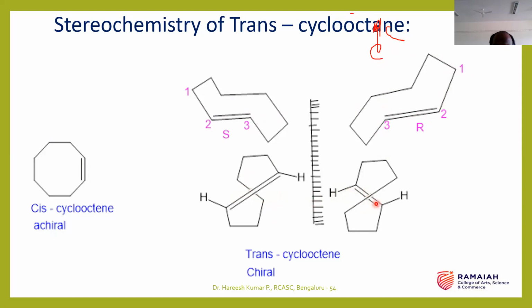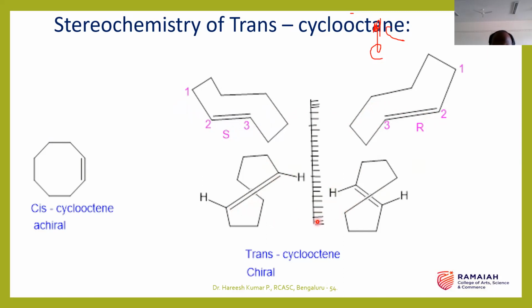Anyway, more about the conformation we will discuss from now onwards. So these two are conformational isomers only, but again this is S configuration and this one is R configuration, and these two are chair conformation, and these two are mirror images of each other, and these two are enantiomers. And of course these two are also enantiomers.